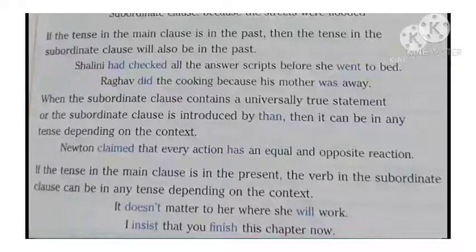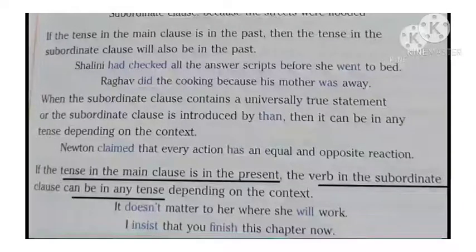If the tense in the main clause is in the present, the verb in the subordinate clause can be in any tense depending upon the context. So if the main clause is in present tense, then we can change the tense form according to the context.